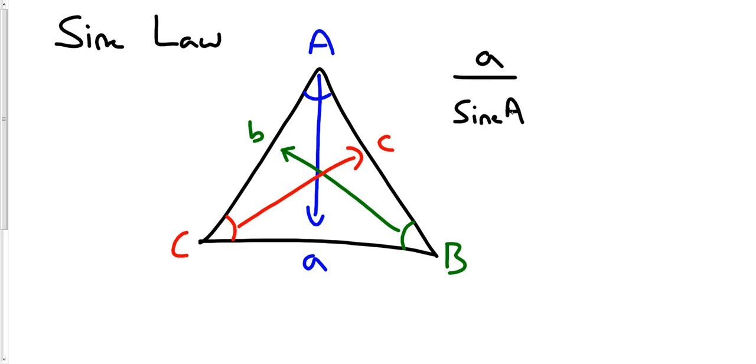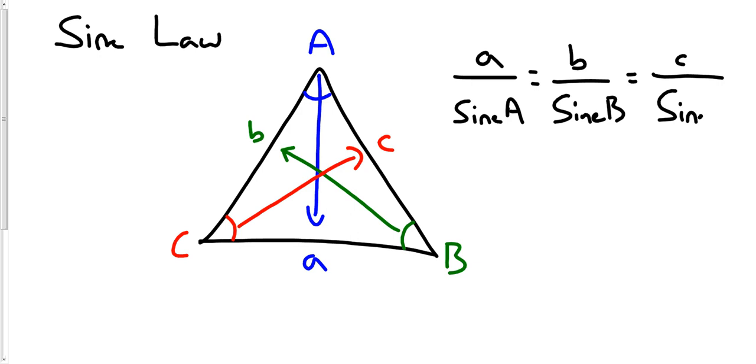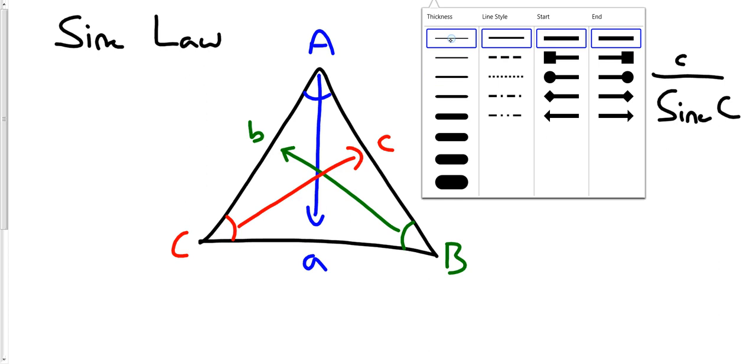The ratio of a divided by sine A is equal to the ratio of side length b divided by sine of B, which is equal to the ratio of side length c divided by sine C.